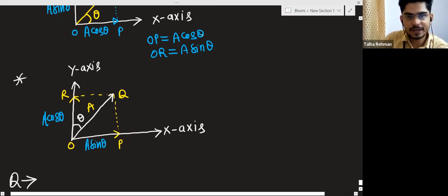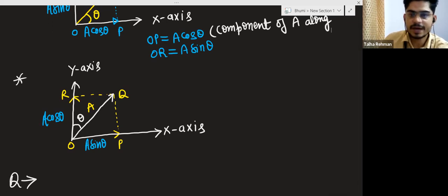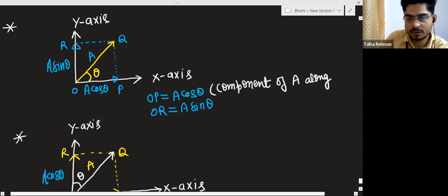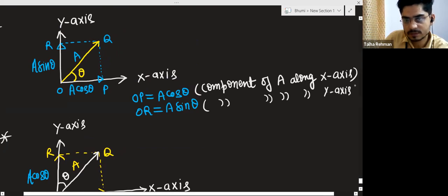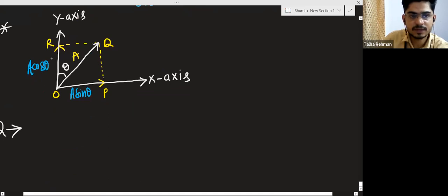So A cos theta here is component of A along x-axis, and A sin theta is component of A along y-axis.